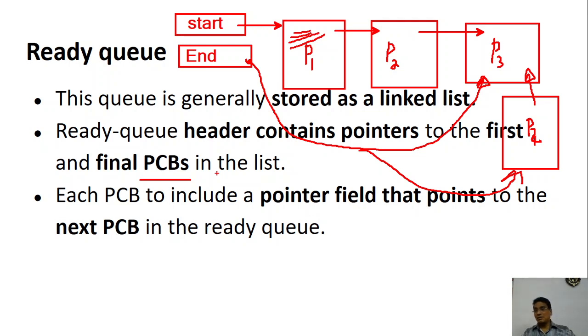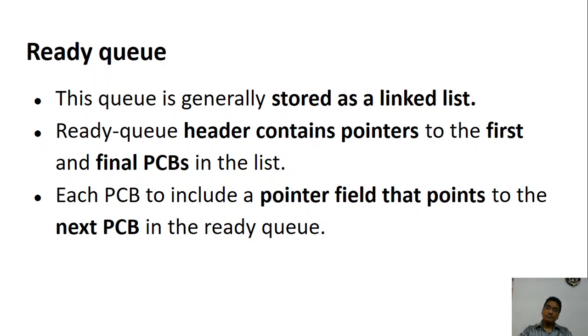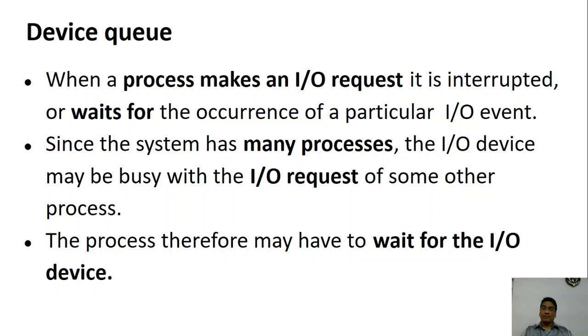I have discussed it. If you really don't get what I'm talking about, please watch my previous videos, where I have the details on process control blocks. Okay, so every process control block will contain a pointer to the next block, and there will be a header that contains a pointer to the first as well as the last block.